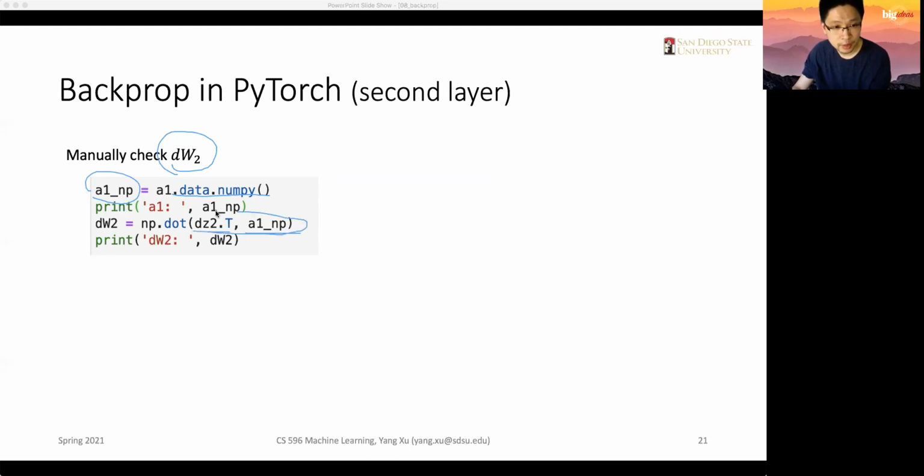This part is a little bit inconsistent with the general principle, because the formula that we wrote mathematically is dz2 times A transpose, right? That is what we want.